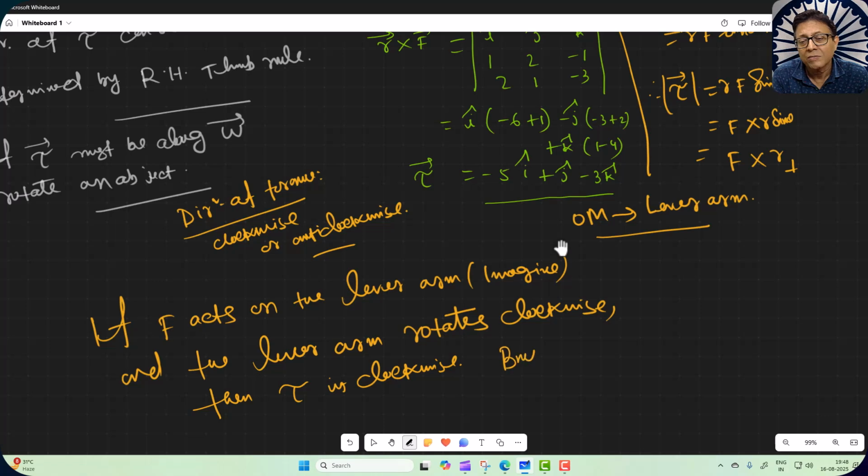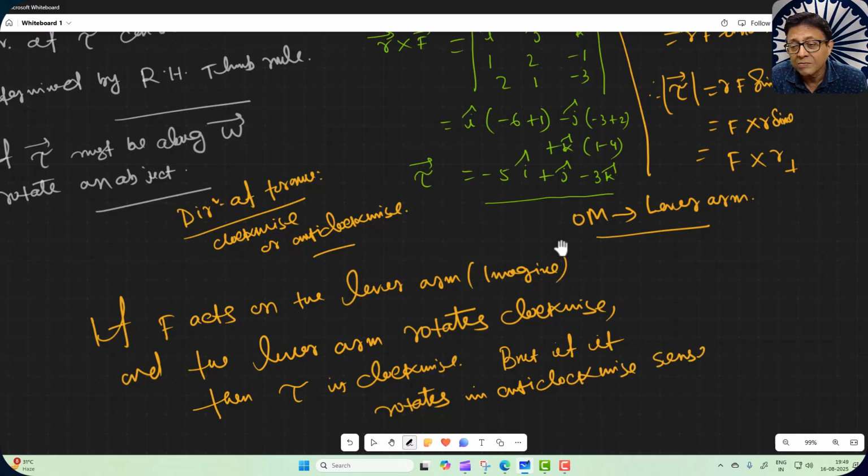But if it rotates in anti-clockwise sense, which one rotates? The lever arm. Anti-clockwise sense, then the torque is anti-clockwise.